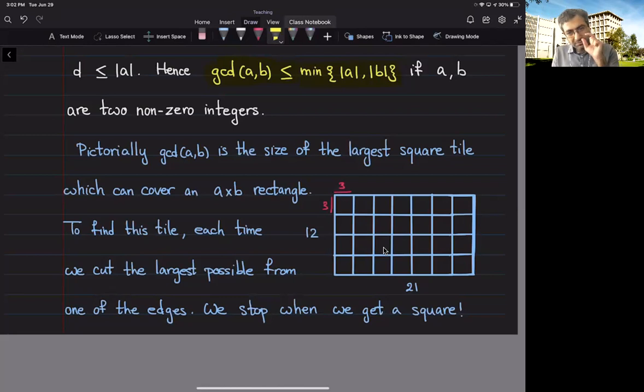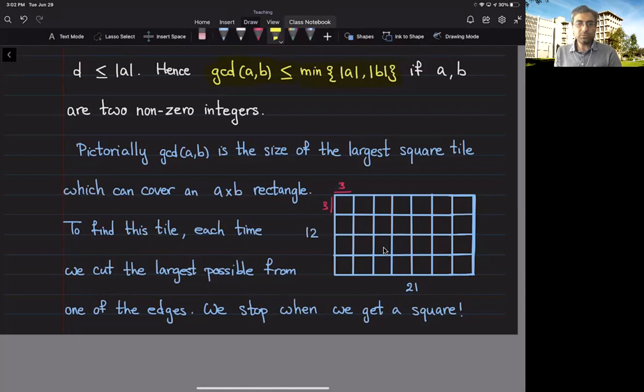To find what this tile is, we can apply this type of a greedy process. We start by saying, okay, so if I can cover the entire thing by certain squares, then I can cover the 12 by 12 subsquares that I get out of it.